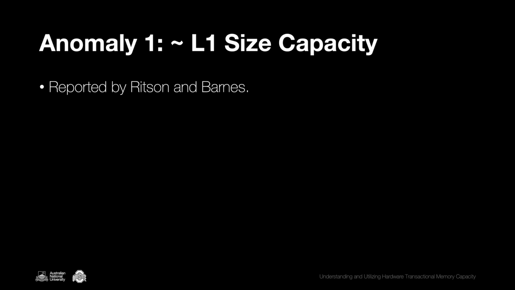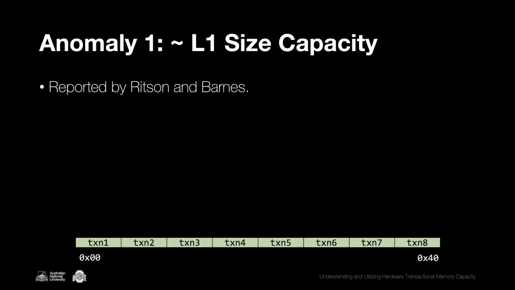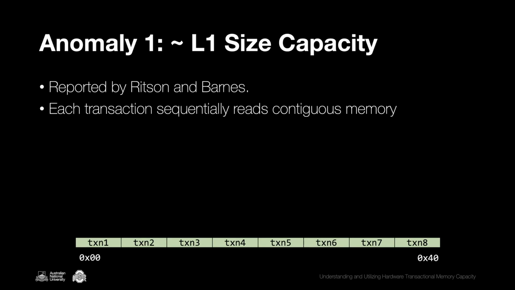Here is a quick reminder of how the read capacity is measured by Richardson and Barnes. First, a chunk of contiguous memory is allocated. Then the benchmark attempts multiple transactions of the same size, with each transaction using a different part of the memory. Each transaction sequentially reads contiguous memory.